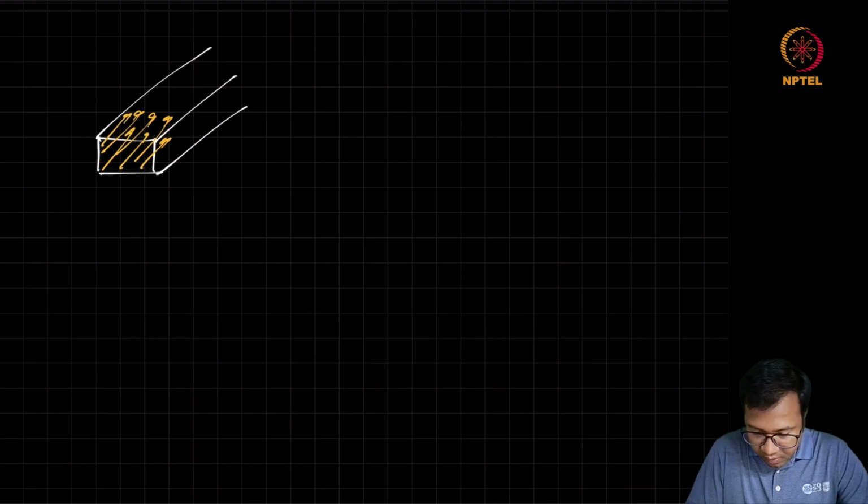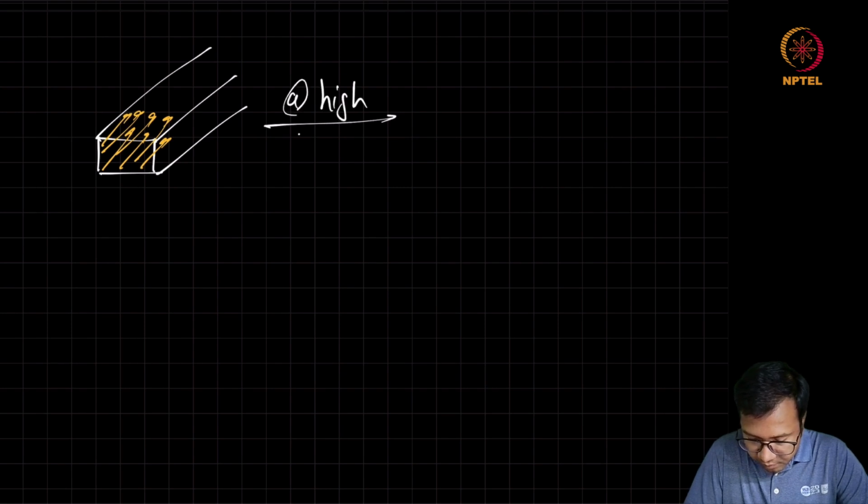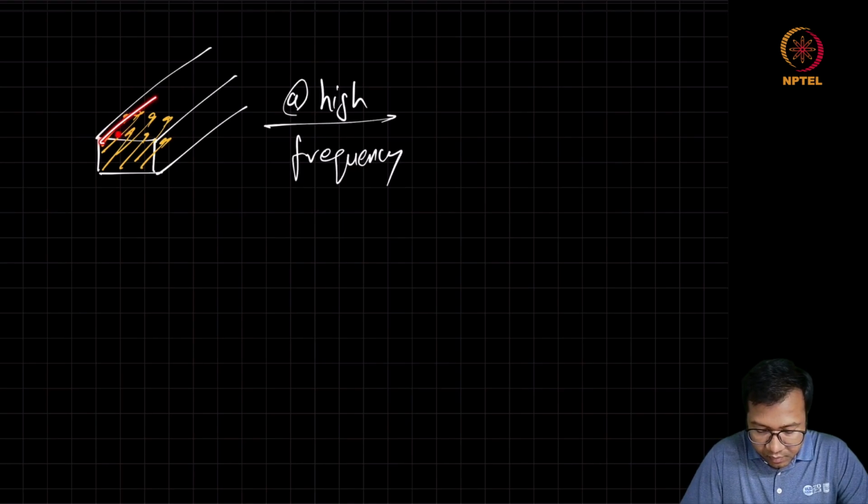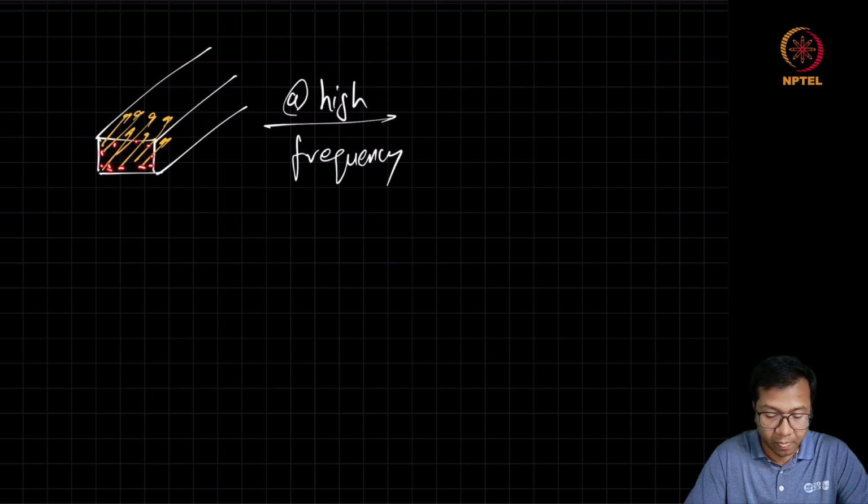But at high frequency, because each of these currents is time varying, they create their own time varying magnetic field, and overall the net result is that in the center region of the cross section there will be a reduction in the effective current, and most of the current will try to crowd near the surface.